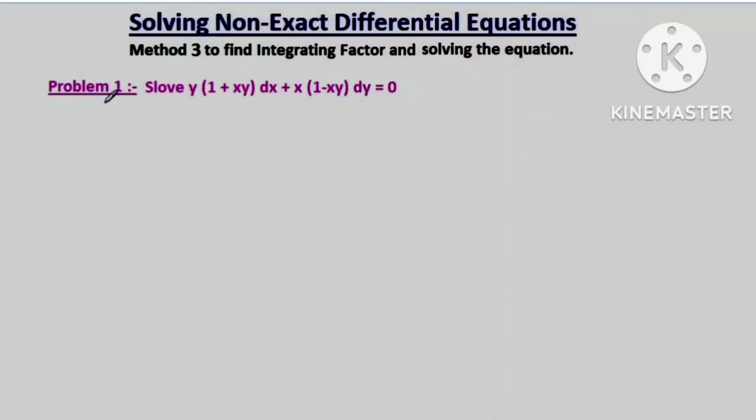Now problem 1: solve y into 1 plus xy dx plus x into 1 minus xy dy is equal to 0. Let us call this equation 1.